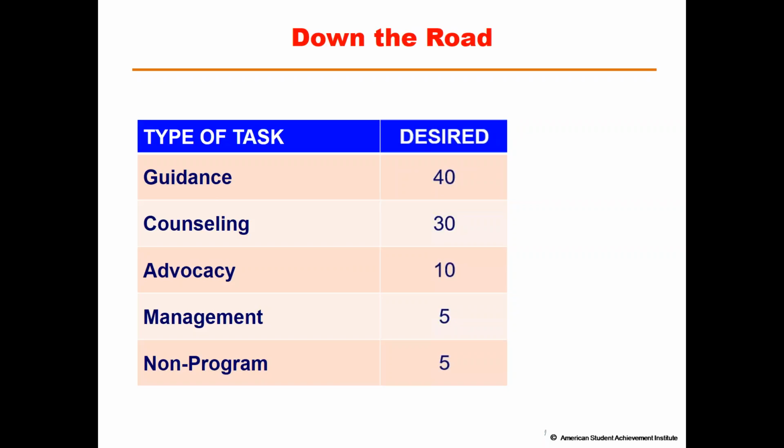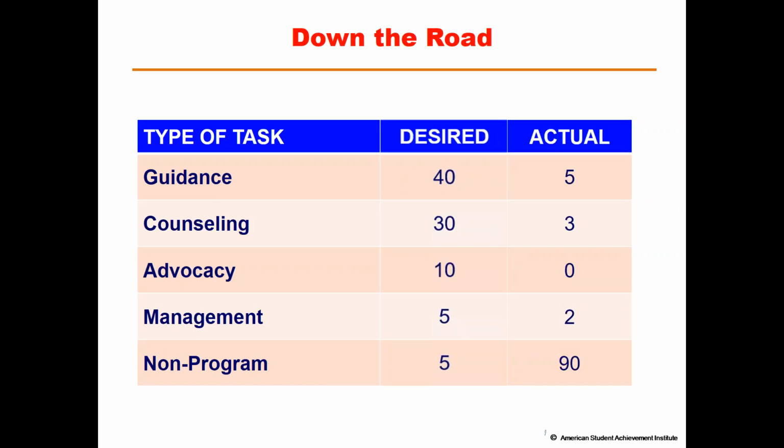And then we'll say to the council, boy, that's great. We'd love to help students make all those choices that you identified, and we agree this is a wonderful way for us to use our time, but here's the reality.